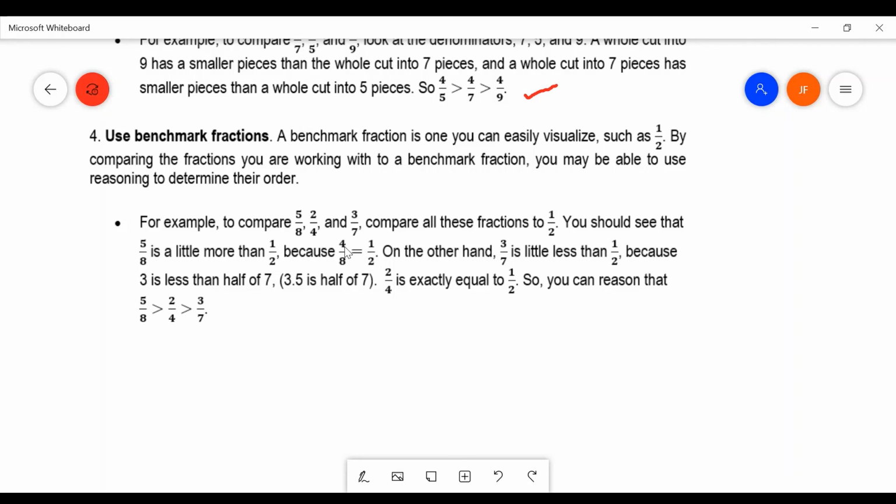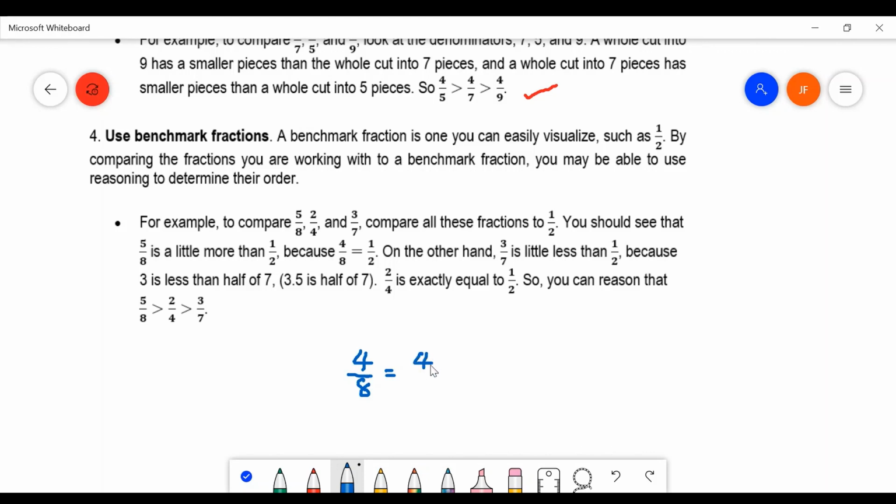Why 1/2? Because if we are going to simplify 4/8, we are going to divide the numerator and the denominator by their common factor, or the greatest common factor, the GCF.